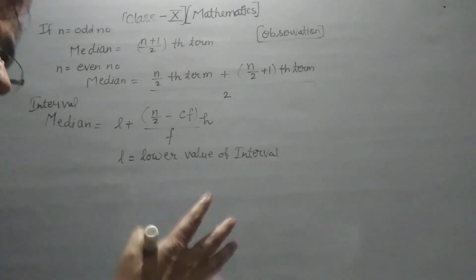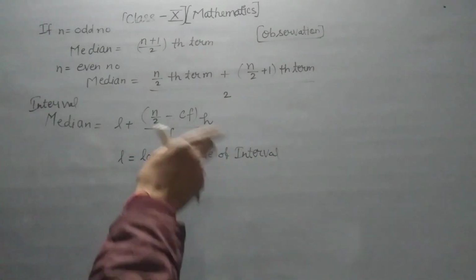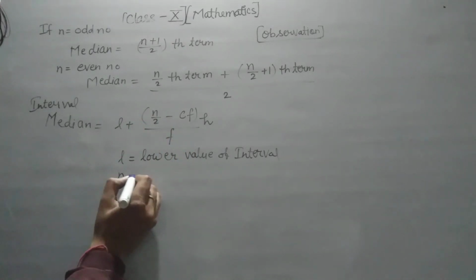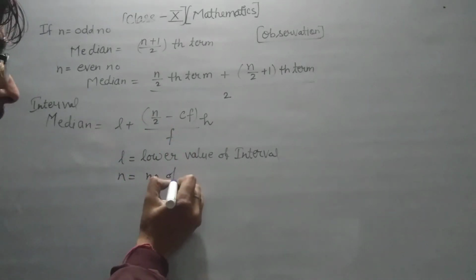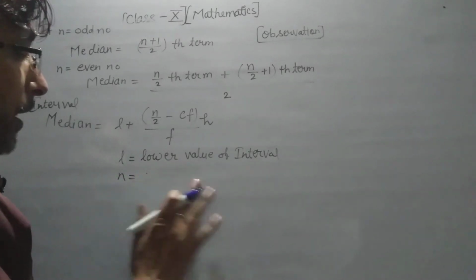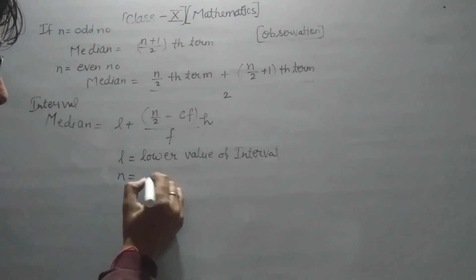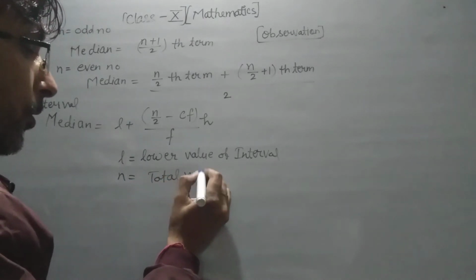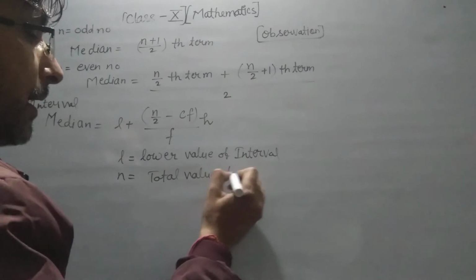That concept you have to use here for finding this value. Okay, and then n is the number of frequencies, or you can also say the total frequency. Okay, total value of frequency.